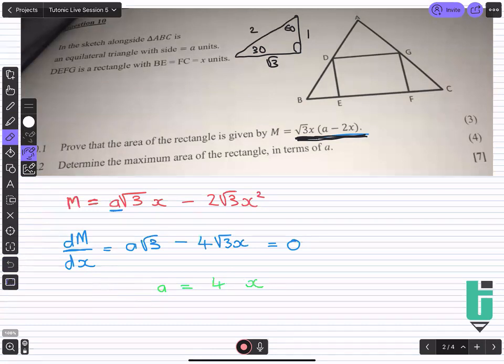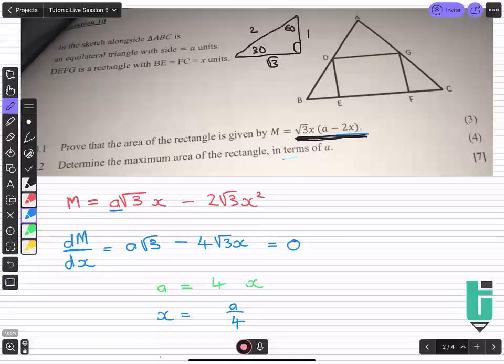So therefore x equals? A over 4. In terms of a. What does in terms of a mean? What did we say, guys?